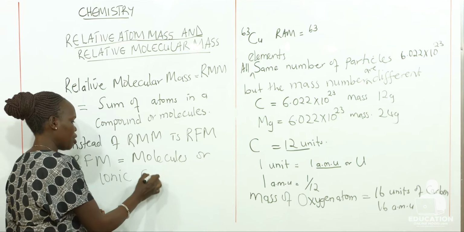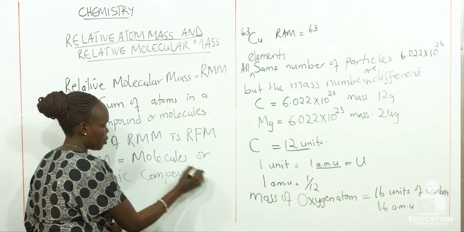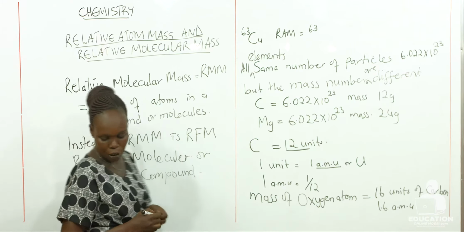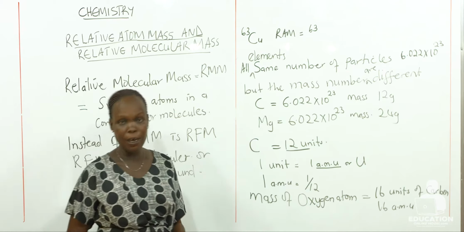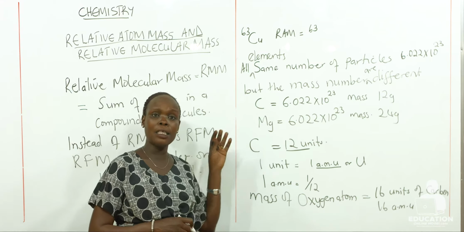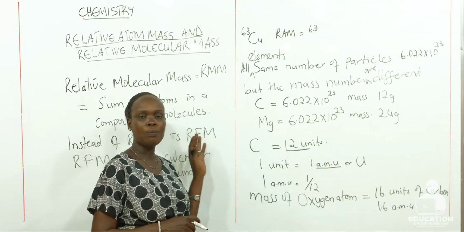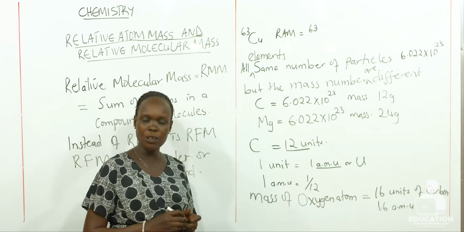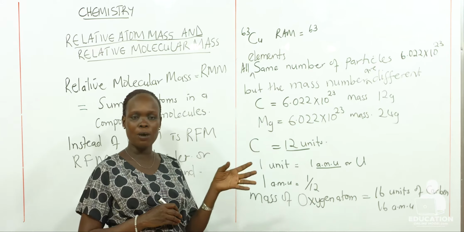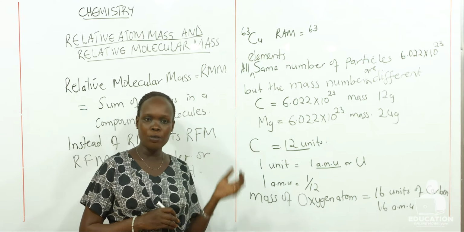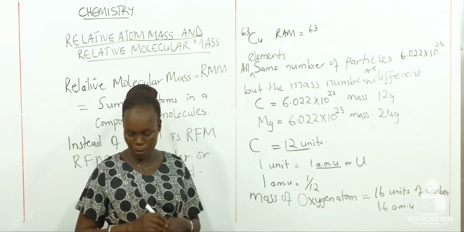So we have ionic compounds or molecular compounds, and that is why we refer to this term as the relative formula mass instead of relative molecular mass. So if we are talking of molecules, then we say relative molecular mass. But if we are talking of either an ionic compound or a molecular compound, then we refer to it as relative formula mass.